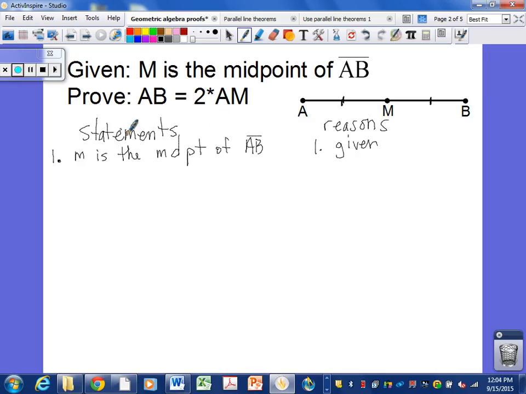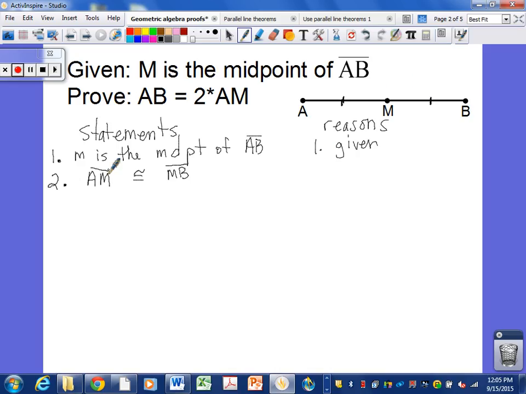Okay, so back to our reasons. Because M is the midpoint, what do we know is true? What things are congruent because M is a midpoint? Segment AM is congruent to segment MB. Okay? If M is a midpoint of a segment, it creates 2 congruent segments.